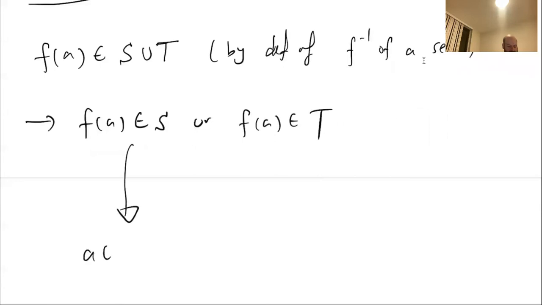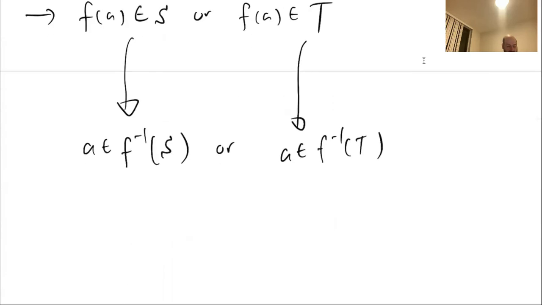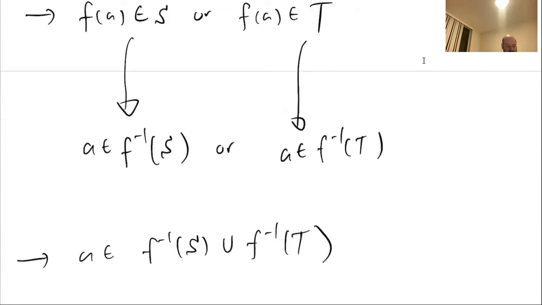That means a belongs to f inverse of S, because a belongs to f inverse of S is the same as saying that f of a belongs to S. And if f of a belongs to T, that means a belongs to f inverse of T. So that means a belongs to f inverse of S union f inverse of T, right? If a belongs to one set or a belongs to the other set, then a belongs to the union of those two sets.